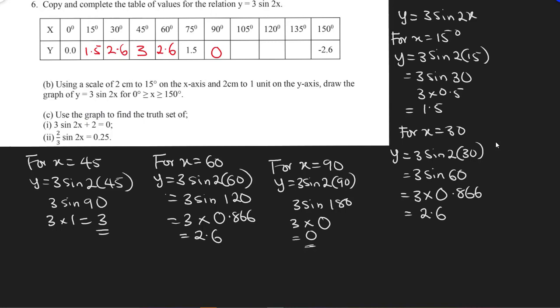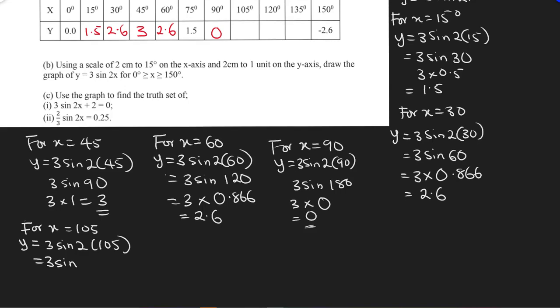The next one is 105. x is equal to 105 degrees. In this case, we're going to have y is equal to 3 sine 2x, 2 into 105. Same thing, 3 sine 2 times 105 is 210.